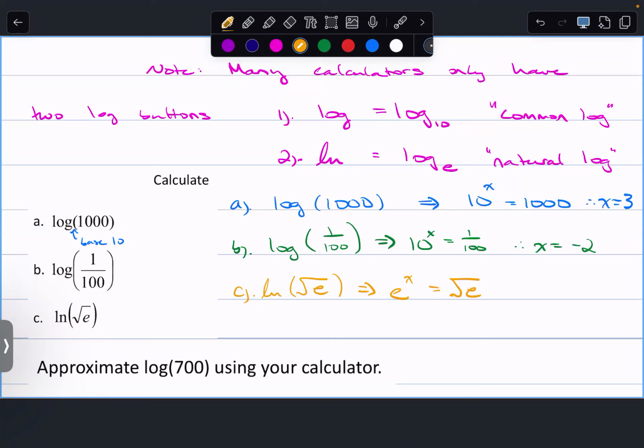But the root of E is E to the 1/2, again by those exponent laws. So x must be 1/2.